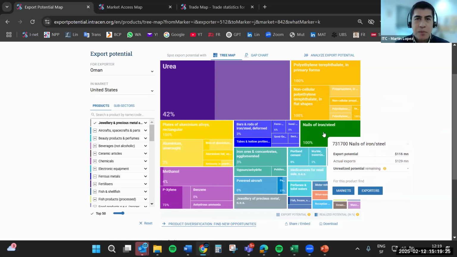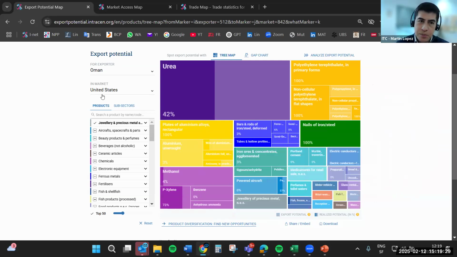The larger the shape, the larger the opportunities for this Omani product in that specific market, the United States.